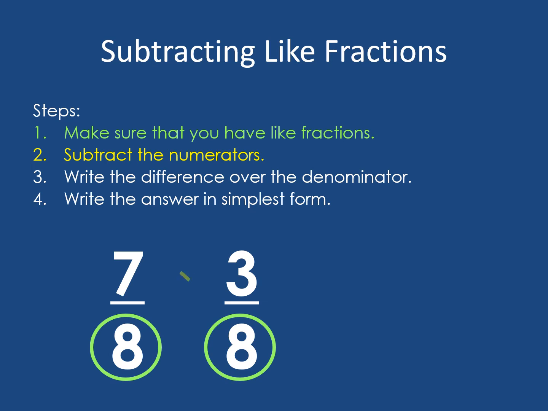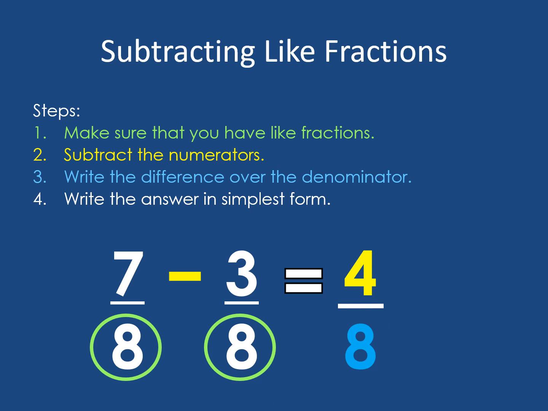So what will you do? You have to subtract the numerators. 7 minus 3 is equal to 4. Then copy the denominator 8. So here is now your answer. It's very simple. But you have to write your answer in simplest form. How to do it in simplest form? You have to find a number that can divide both the numerator and the denominator.